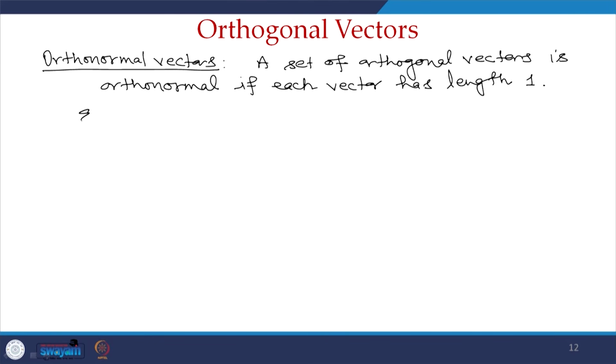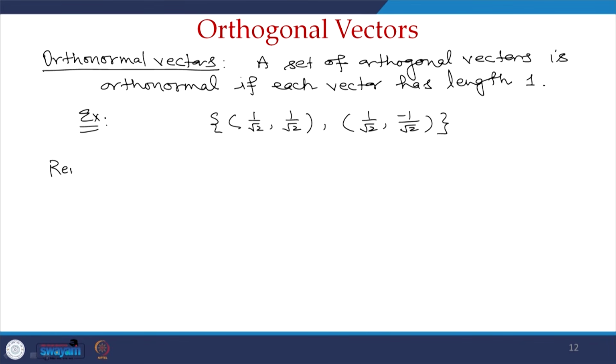So, for example, you take vectors in R2: (1 by root 2, 1 by root 2) and (1 by root 2, -1 by root 2). You can verify each of these vectors has length 1 and they are orthogonal also.